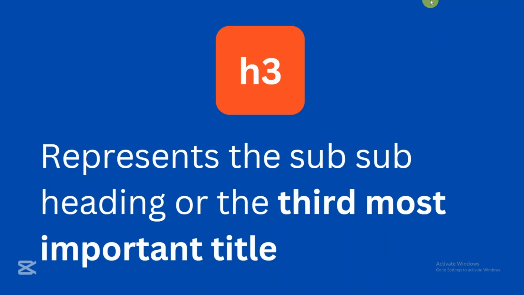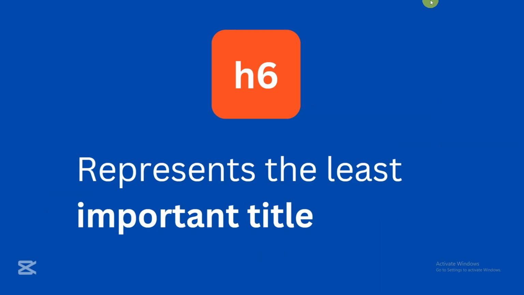So after H3 we have the H4 heading element, H5 heading element, and then the last one, H6. H6 will represent the lowest heading element you can have in your HTML document. It usually will represent the least important title that you want to display on your web page.